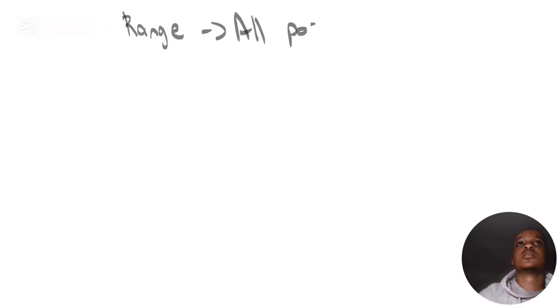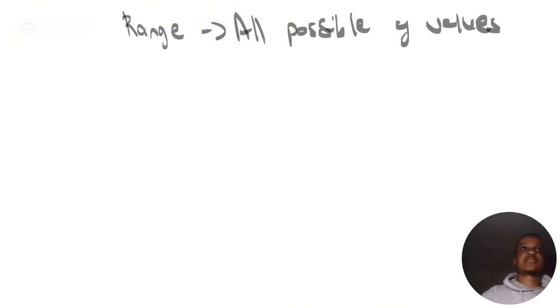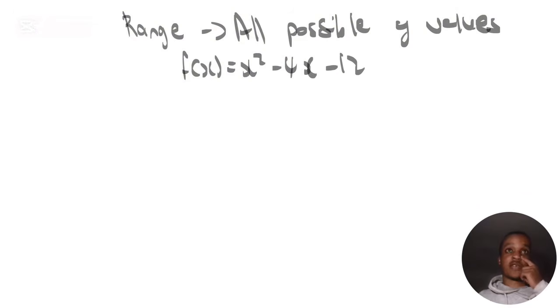By definition, the range is all possible y values, whenever we talk about the range, right? The function was f of x equals x squared minus 4x minus 12. Very, very important.